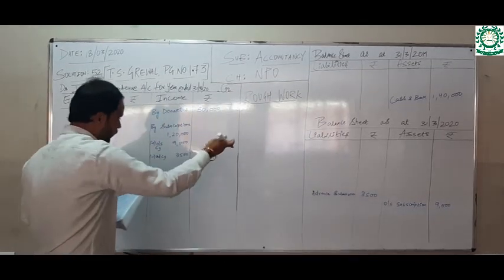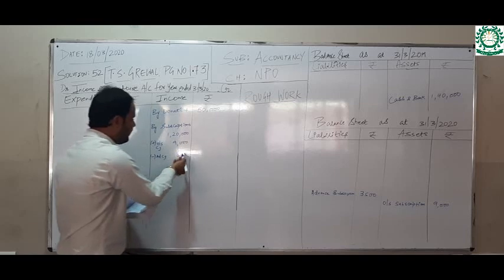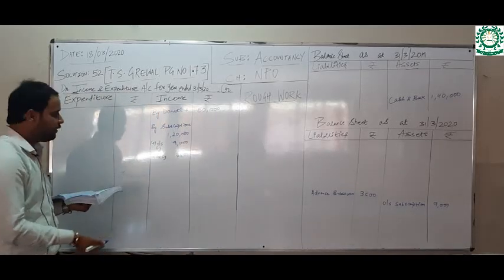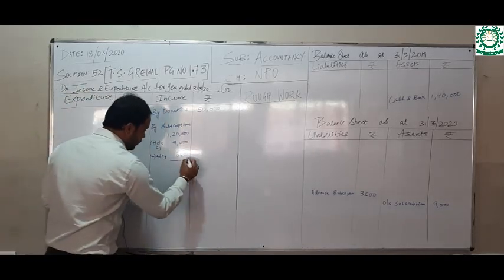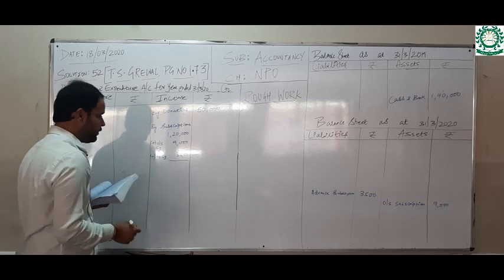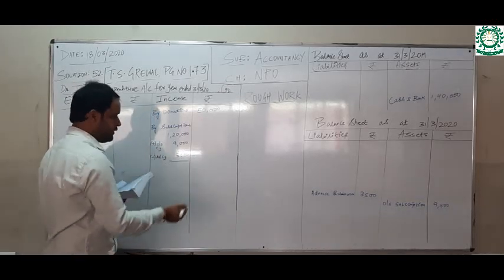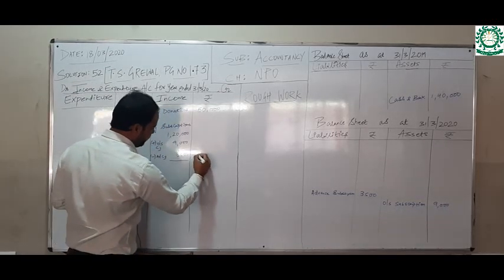Okay, calculation part. So 120 plus 9, 129. 129 minus 3, 126 minus 5, 125,500.